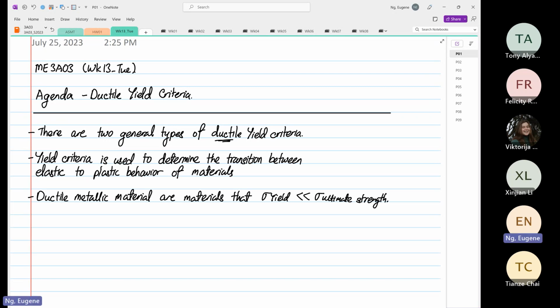If we look at brittle material, the stress yield is approximately equal to the ultimate strength. So that's where we classify. This criteria that we're going to do is only for ductile material, not for brittle.